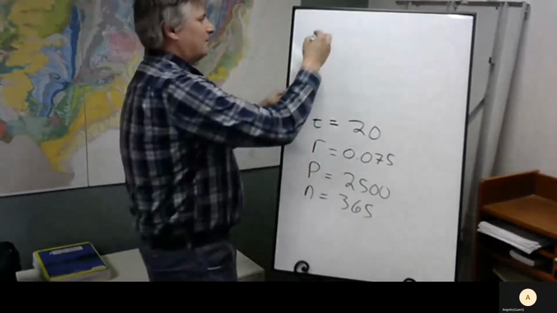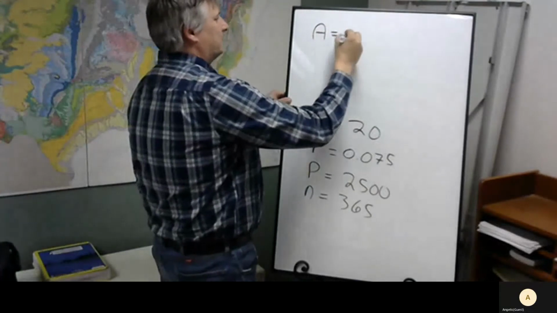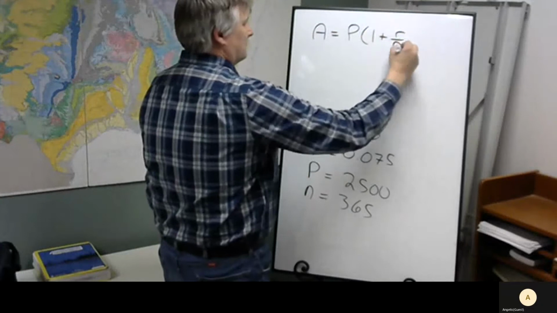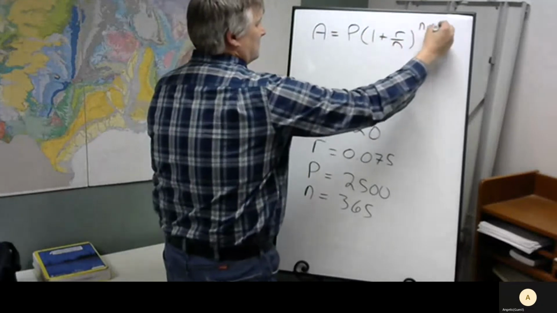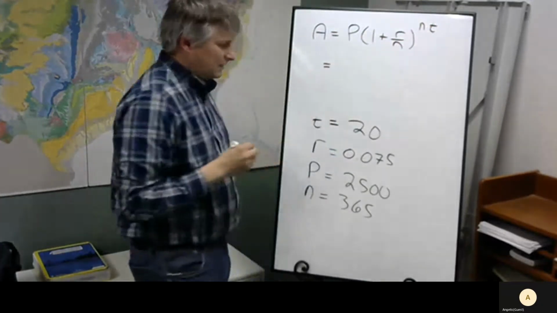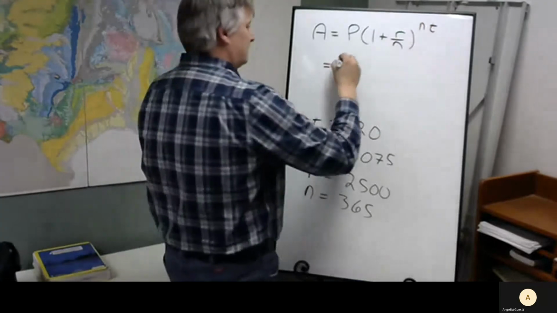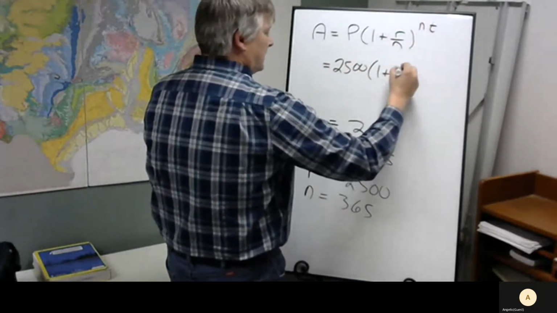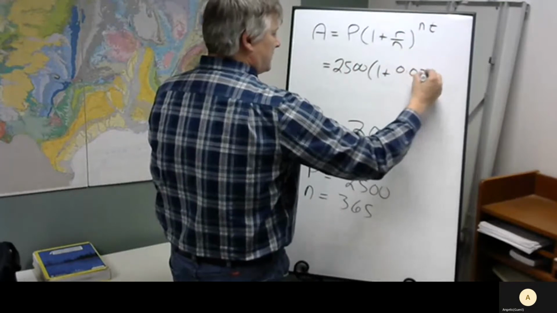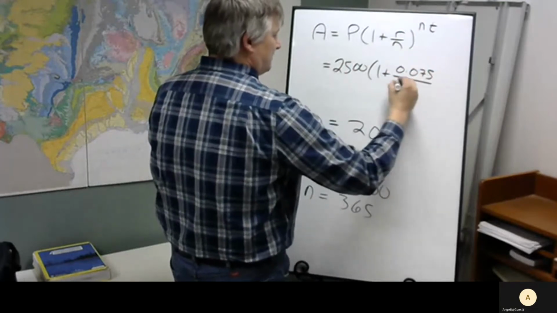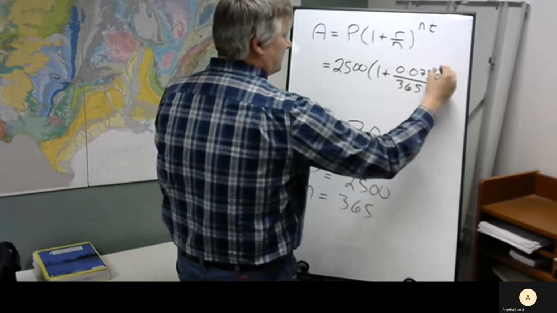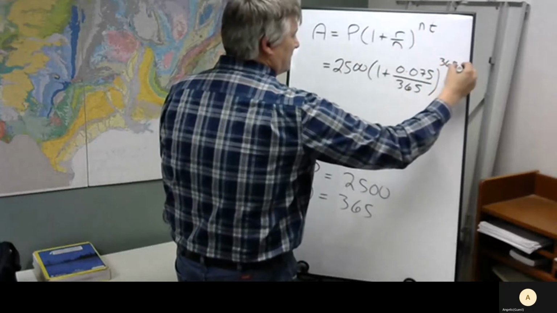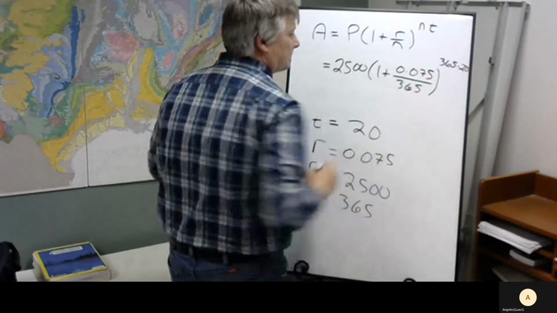So we take our formula. We'll get 2,500 times 1 plus 0.075 divided by 365, then raised to 365 times 20.